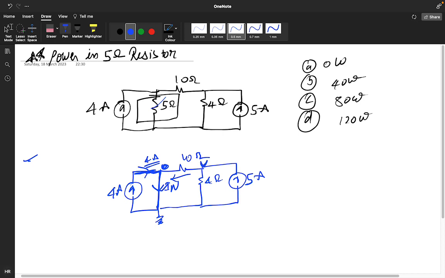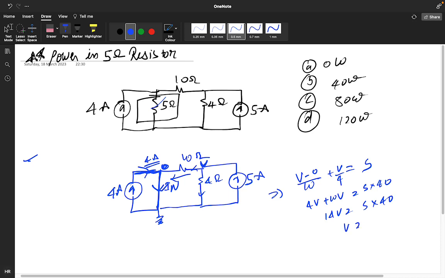I am taking this node as V. Just apply nodal analysis: (V minus 0) divided by 10 plus V by 4, plus (V minus 0) divided by 5, equal to 5. So 4V plus 10V is equal to 5 into 40. You get 14V equals 5 into 40, so V is 5 into 40 divided by 14.